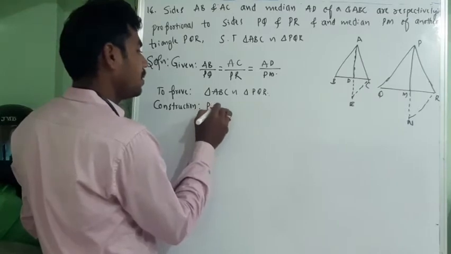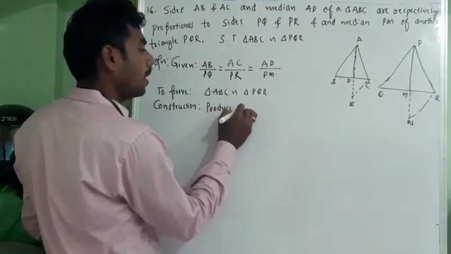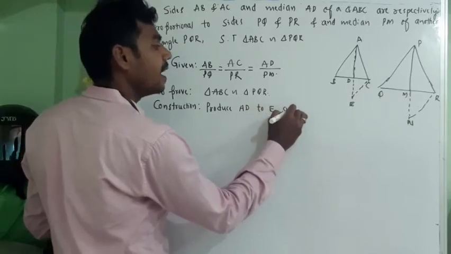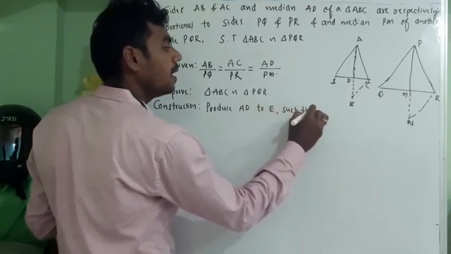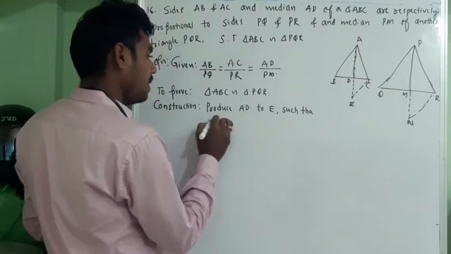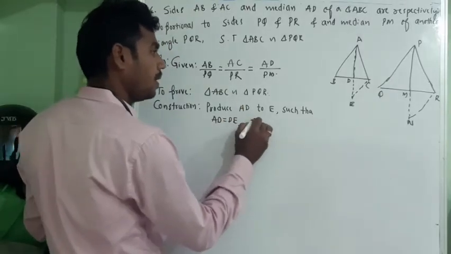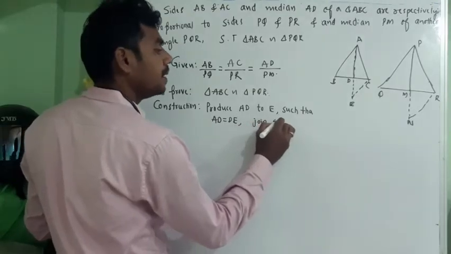Produce AD to E such that AD is equal to DE, join CE.